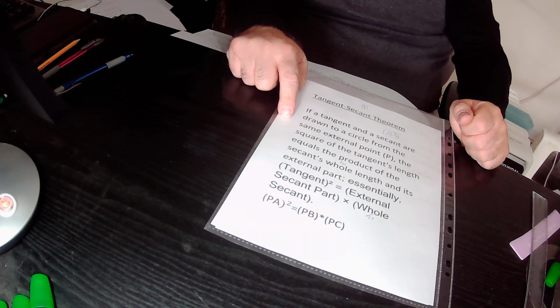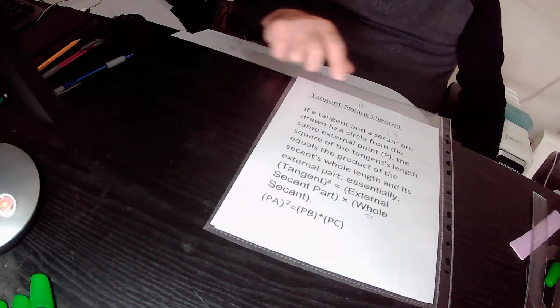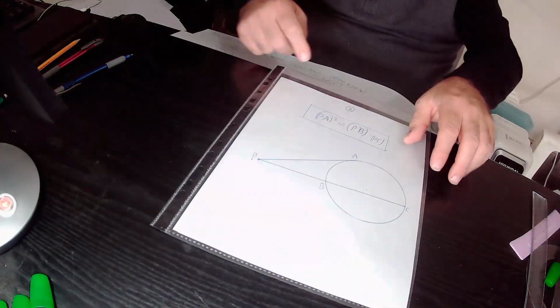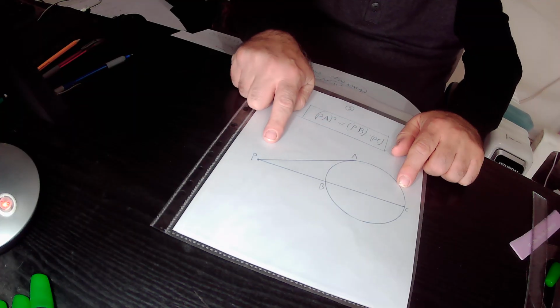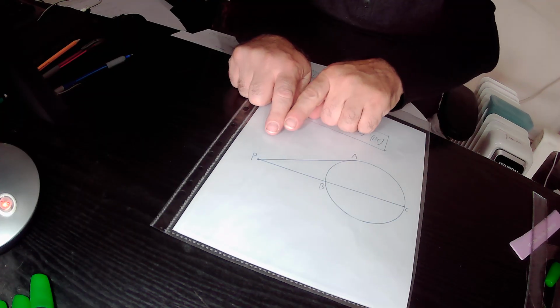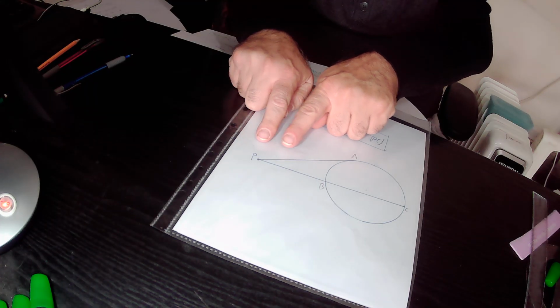The square of the tangent's length equals the product of the secant's whole length and its external part. The length of the tangent squared is PA squared, and it is equal to the product of the external part times the length of the secant in total.